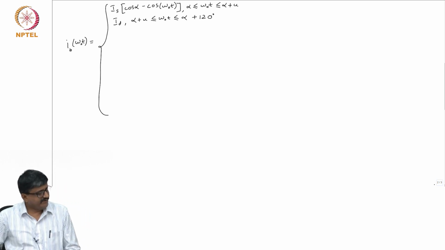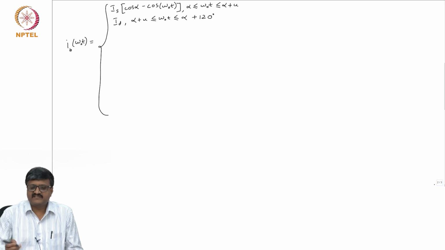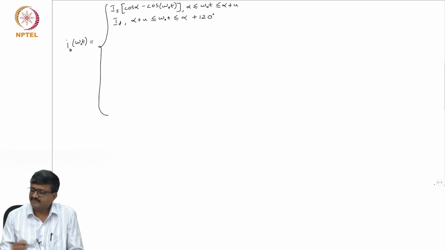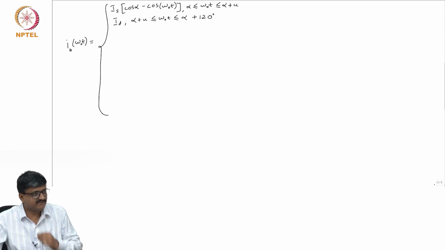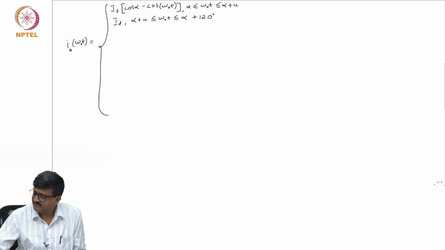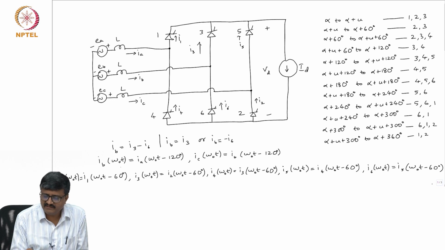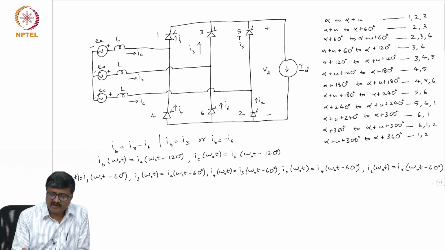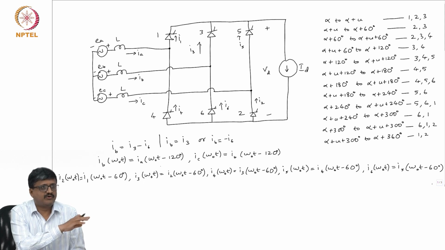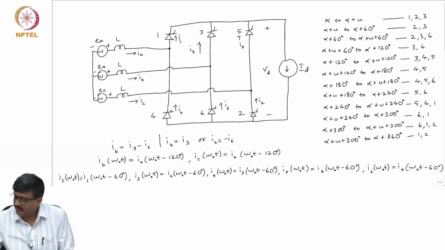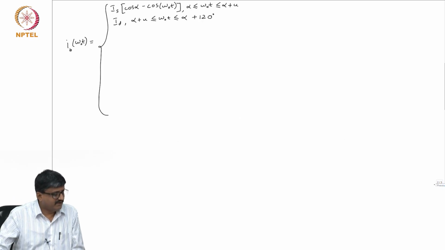Then, in order to get the next expression, the next subinterval is alpha plus 120 to alpha plus u plus 120. So, in this case, what is the expression for IB? So, we saw that just in the previous page, IB of omega OT is actually IA of omega OT minus 120. So, if I know what happened to IA 120 degrees ago, I can find IB now. That is what it means. So, I know what happens for alpha to alpha plus u.